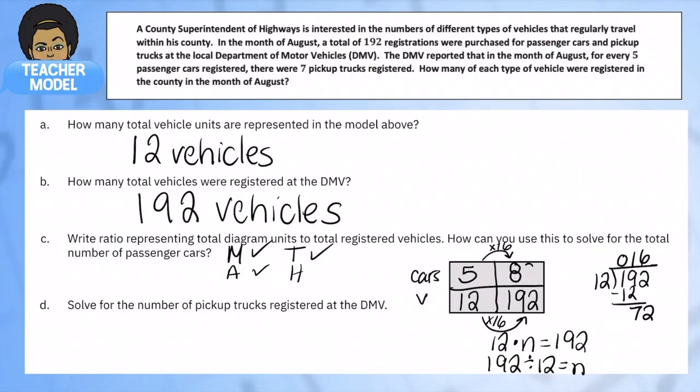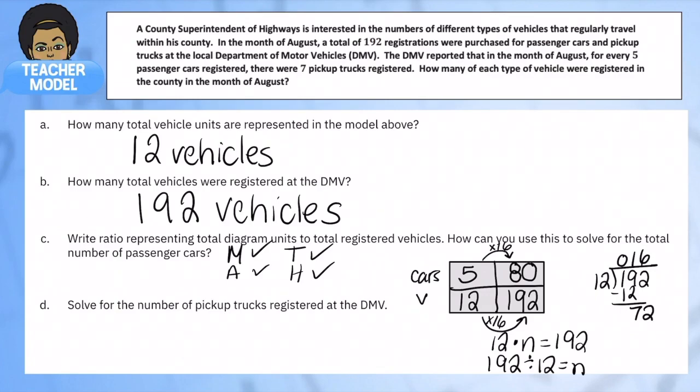And when you do that, you would get 80. And so here you go, Math Marbles. I've used a pattern to help me find the unknown numbers. So when I have 192 vehicles, 80 of them will be cars. I'm catching myself with my language. So does that part make sense?